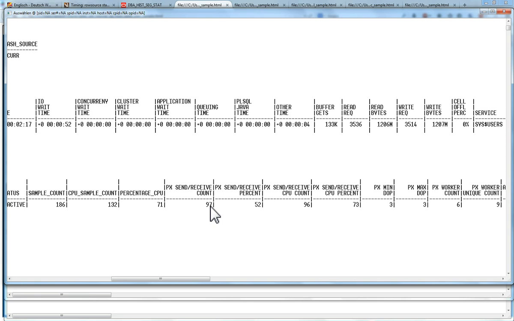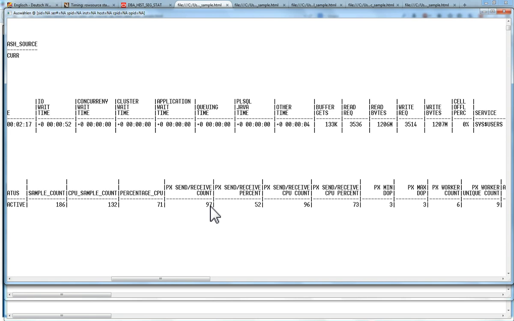Parallel execution plans typically have to shuffle around data several times during execution, so data will be redistributed between the parallel execution server sets. And the point is that you can easily spend a significant amount of time in these redistributions, and this is a typical parallel execution overhead that you will not have with serial execution, because with serial execution there's no point in redistributing data.